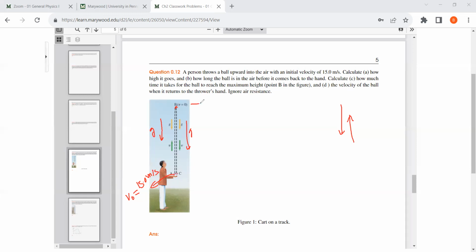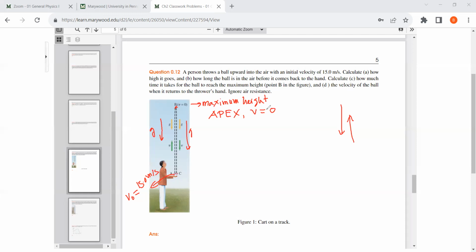This maximum height we also call the apex. At the apex, or at maximum height, the final velocity is equal to 0.